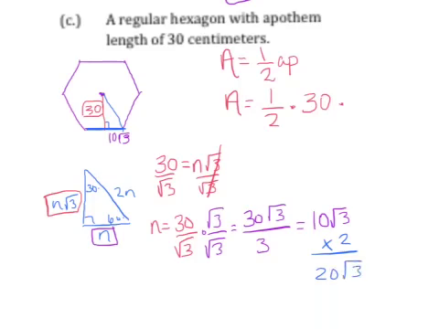So each side is 20 root 3. Now we need the perimeter. There's 6 sides, so 20 root 3 times 6 will give me 120 root 3. So that is what I'm going to put up here for perimeter, 120 root 3.